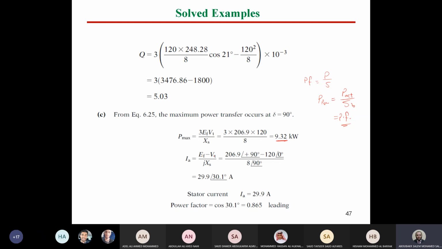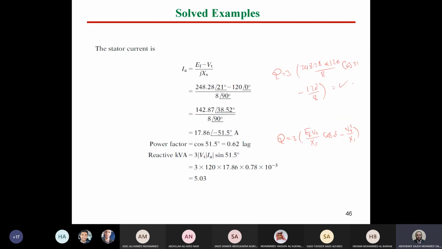IA equals EF minus V terminal over JXS. So you have EF in case number 1 at angle 90 degrees because it's maximum power, minus V terminal at angle 0, divided by JXS. So this is now the current, guys. As you can see, current is around 30 ampere. The first current, if you remember, was around 17.8 ampere.